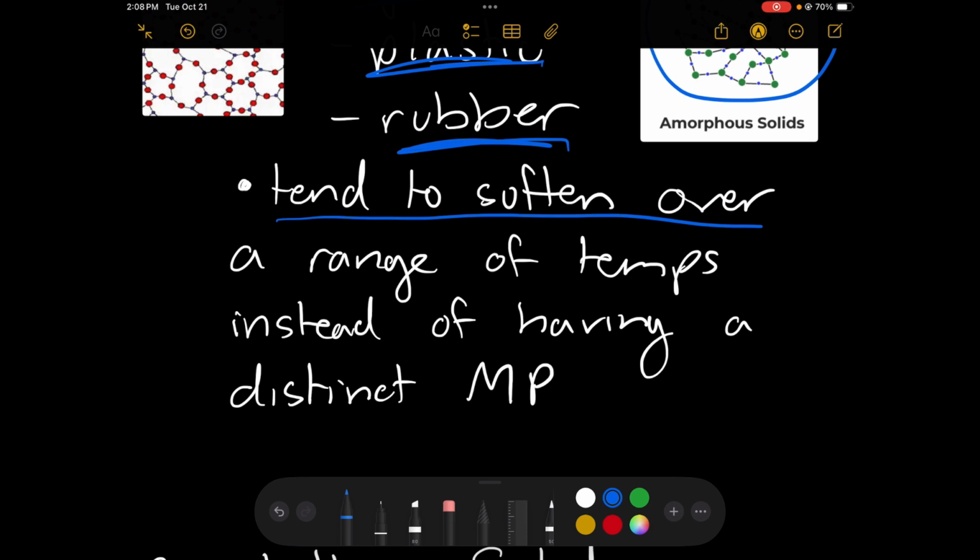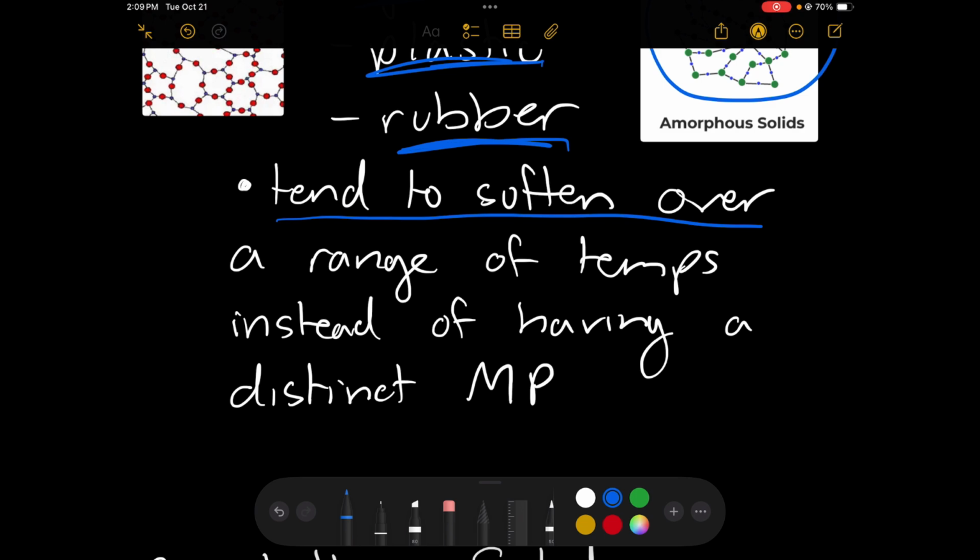But if you put butter in the microwave and you start heating it, it's not as if it's solid, solid, solid, solid, and then it melts all at once. It softens over time. And quite often, if you put butter in the microwave, you have to microwave it a few times to get all of that butter melted. That's what I mean by these types of solids tending to soften over time rather than having a clean melting point.